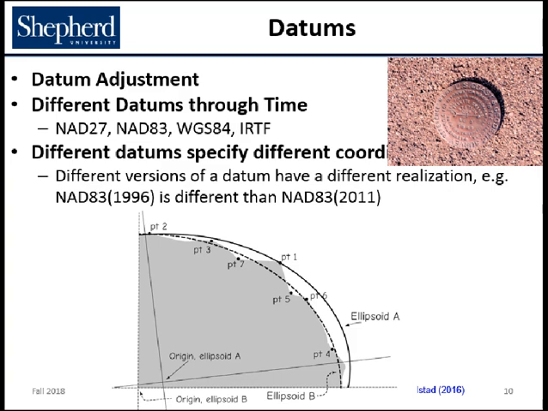Different datums are specified through time because our realizations or estimates of the datum change through time. New points are added and survey methods improve. There are two main eras of datums: those created before satellite geodesy and those after.